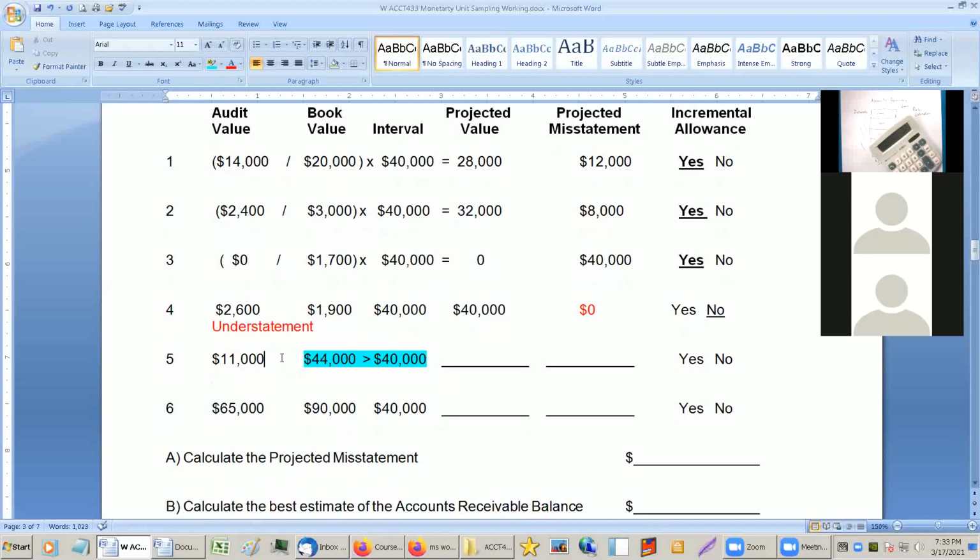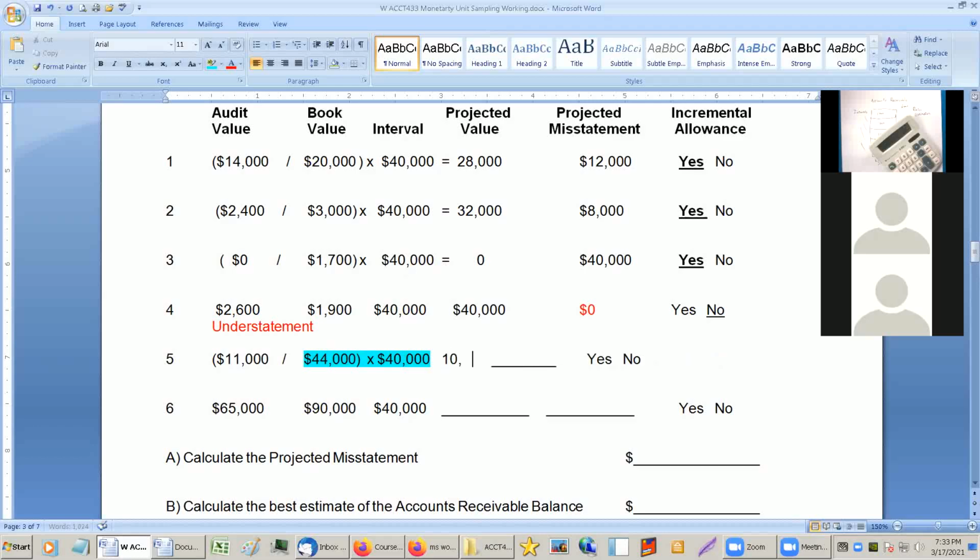Now I'm going to do it incorrectly. I want to show you why this is incorrect. Don't do what I'm doing. I'm doing it wrong, one of the few times I'll be doing it wrong on purpose. If you were to multiply this out like we regularly do, the projected value would be 10,000.